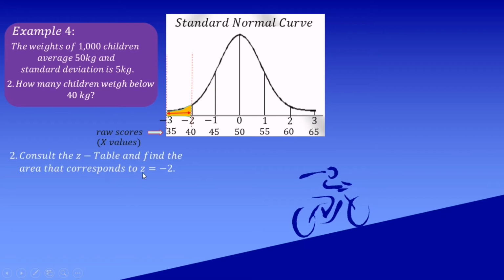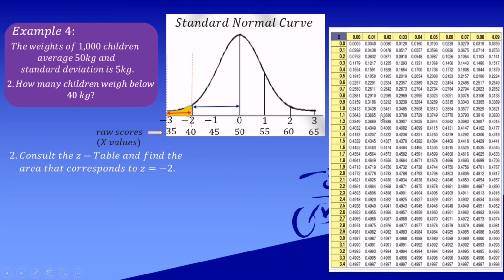Then to find the area that corresponds to z is equal to negative 2. So, we will measure from negative 2 to 0. Yan ang ating sukat for the unshaded region para makuha natin yung shaded region. So, paano natin kunin? So, we have to consult the z table. So, since to find the area of z, we have a negative, ignore natin yan.